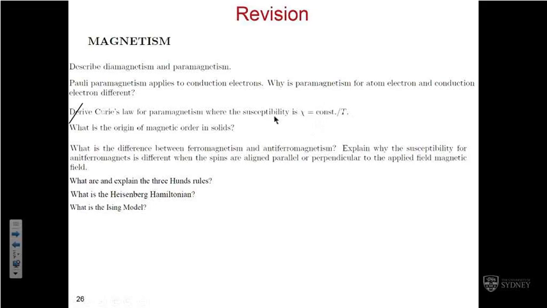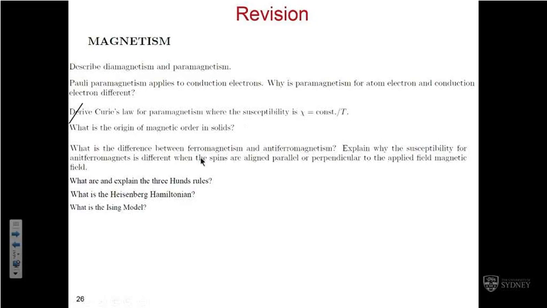And what is the origin of magnetic order in solids? Remember, that was ferromagnetism or antiferromagnetism. We had that exchange interaction between the spins. That's the mechanism of achieving a magnetic domain in your crystal, the exchange interaction.